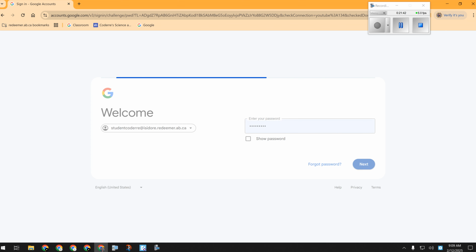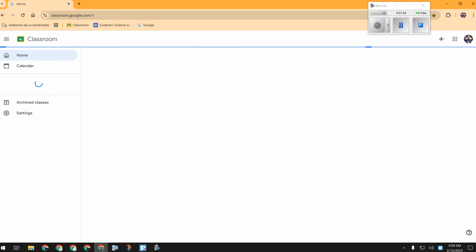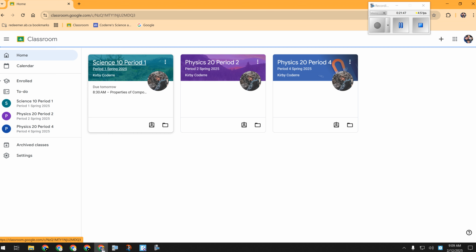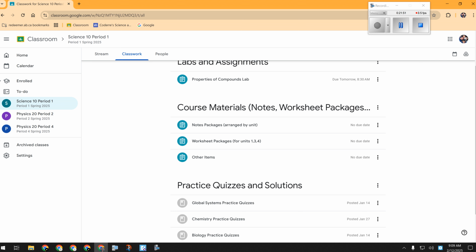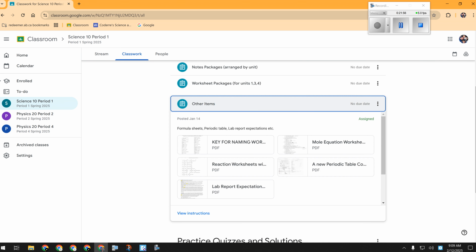It's in the class work tab, and if you go to other items here, you will see the key for all the naming worksheets, the reaction worksheets with keys. All the reaction worksheets that are in the workbook, those are the answers. You can check yours as you're going. And when we get to the mole equation, there's keys for that as well. So you can always go there if you're at home working on it and you want to know if you did it right.